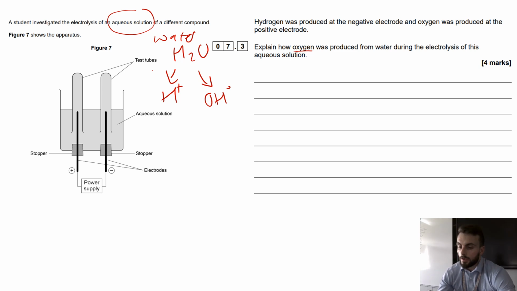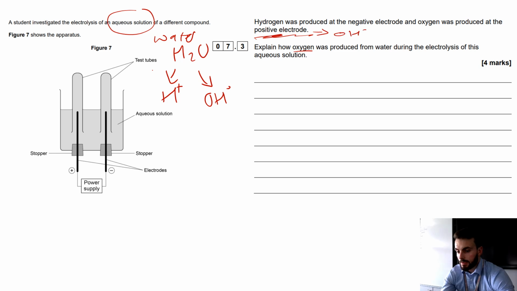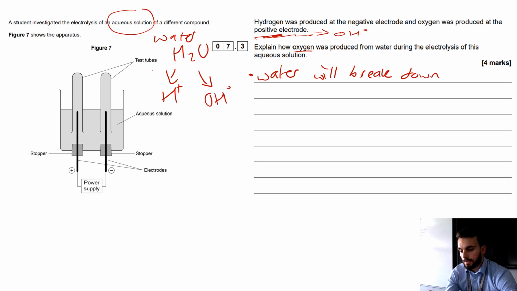So during this, we're looking at the positive electrode. What is going to go to the positive electrode? It's the OH minus ions, because opposites attract. So the first thing we can say is water will break down into H plus and OH minus ions.